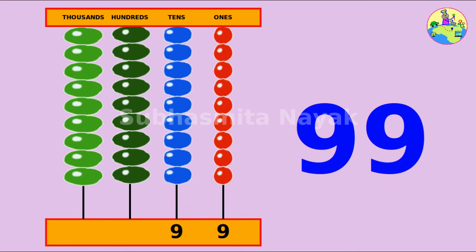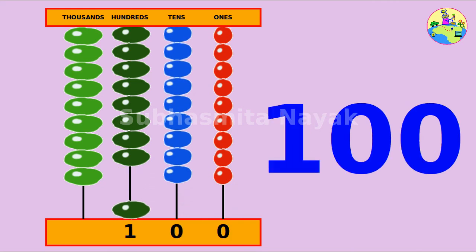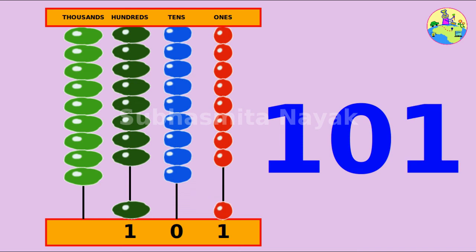So this is 100. Then we will have one more bead and this is 101, and it goes on.